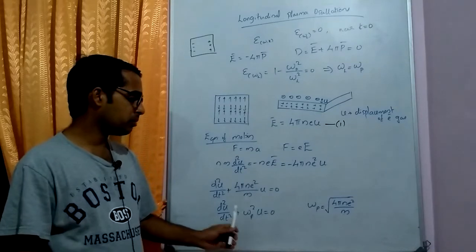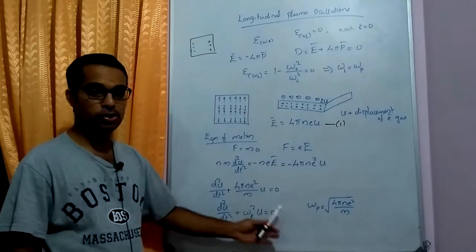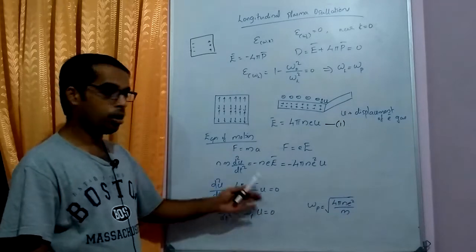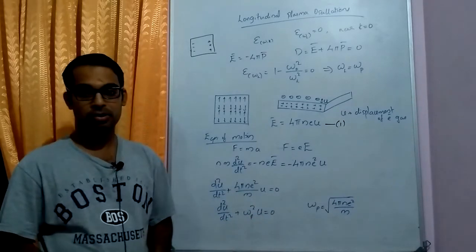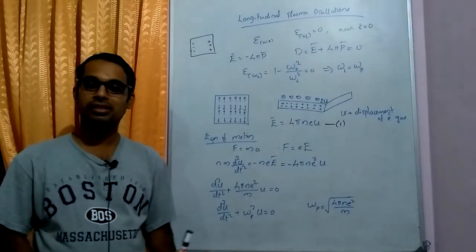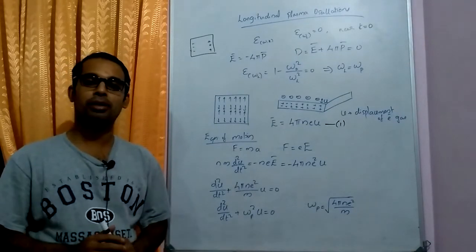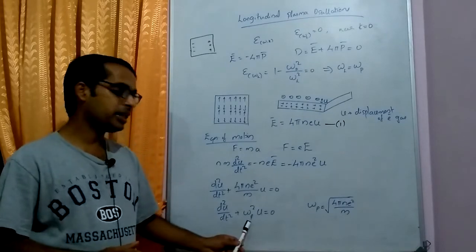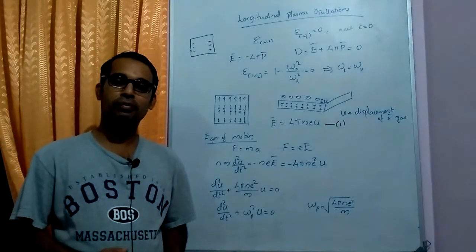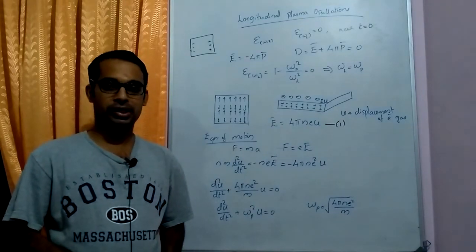From this we can show this is the equation of motion of an electron gas undergoing longitudinal oscillations, where omega p represents the corresponding frequency of oscillations. So this equation represents the equation of motion of a simple harmonic oscillator with oscillating frequency omega p. This is also the equation of motion of the longitudinal electron gas.